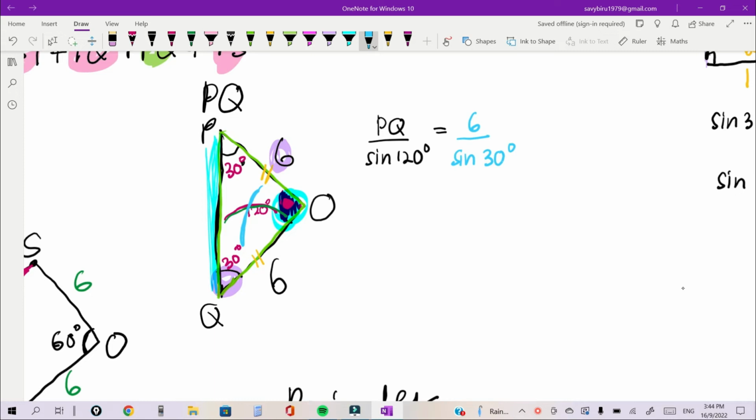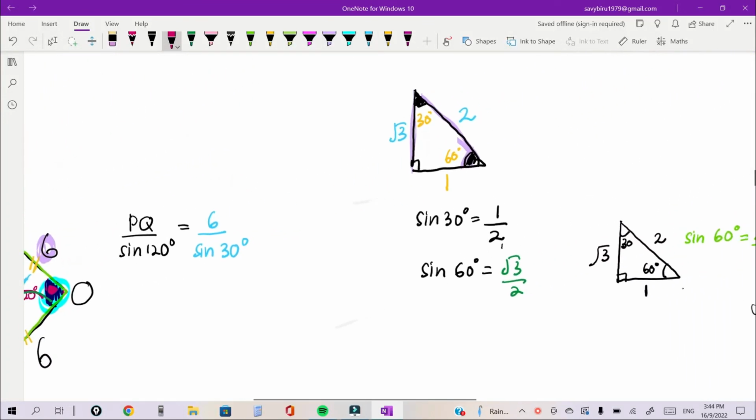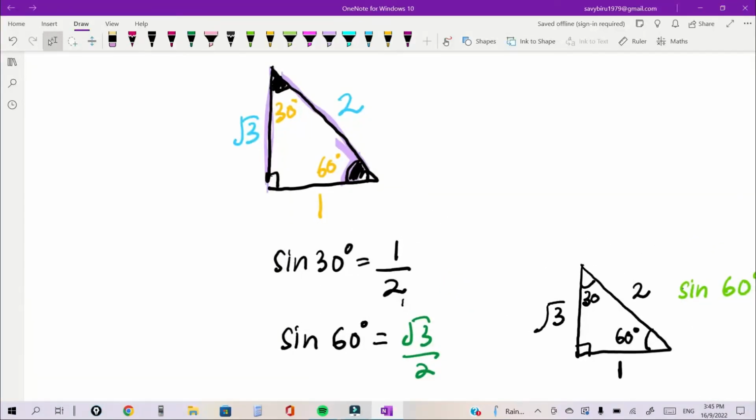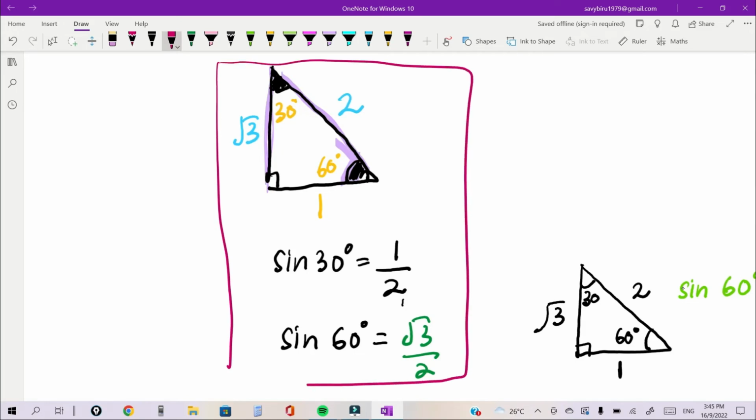Since the question asks you to give the answer in surd form, sine 120 is equal to sine 60, where the value of sine 60 you can get from this triangle. You have learnt this in trigo, so sine 60 in surd form is surd 3 over 2.